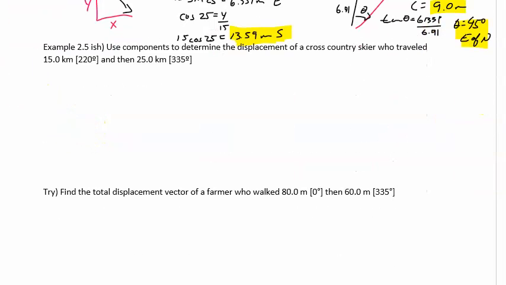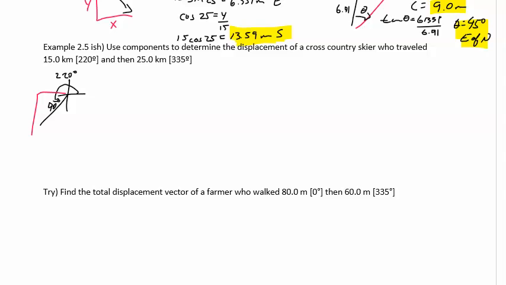Let's take a look at another example here. We've got components, but this time we're going to have to break both of them up. 15 kilometers at 220. 220 is coming around here. That's essentially 40 degrees south of west. I'm going to need to break that one apart because it came 220 this way.